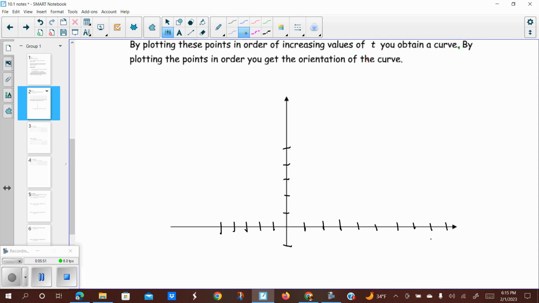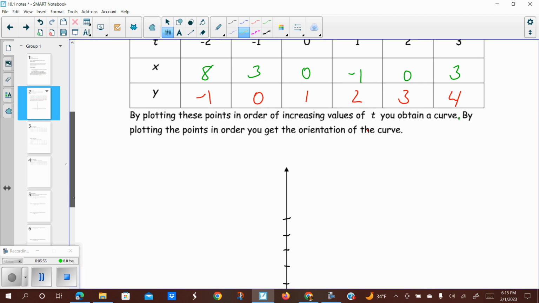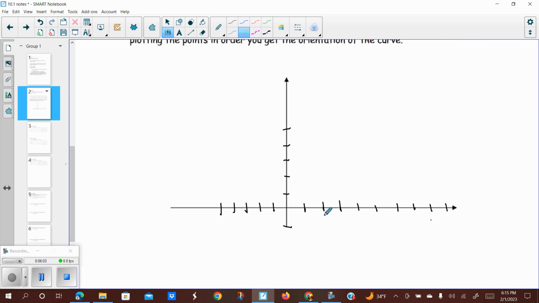All right, according to our chart, the first value I have, or the first ordered pair, when t is -2, x is 8, y is -1. So it's the point (8, -1). 8 is here, -1 is right there. So there is our first point. That is when t equals -2.